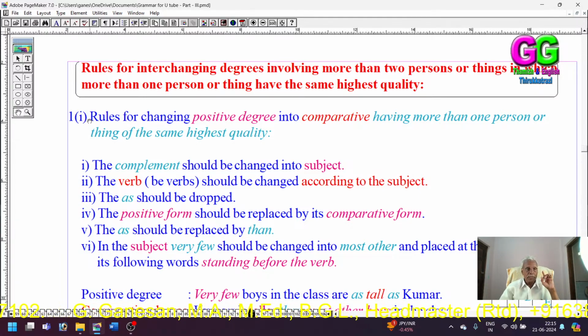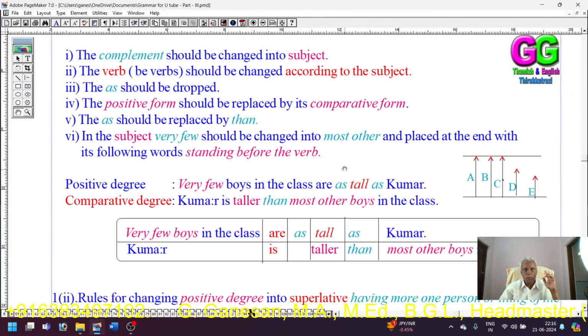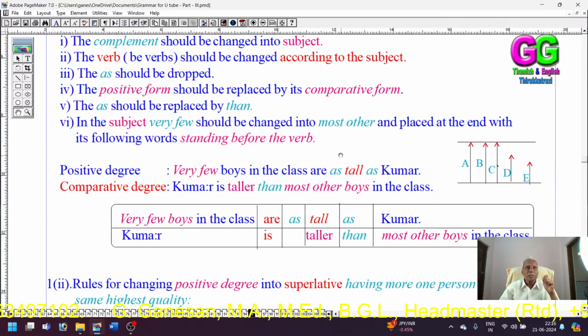Under one, an example. Rules for changing positive degree into comparative. There are six rules we have to follow. To make my children understand it clearly, I have given a diagram here. I have given five diagrams.